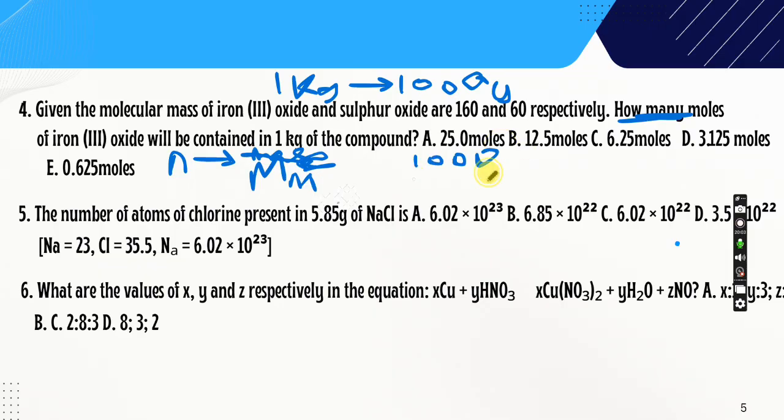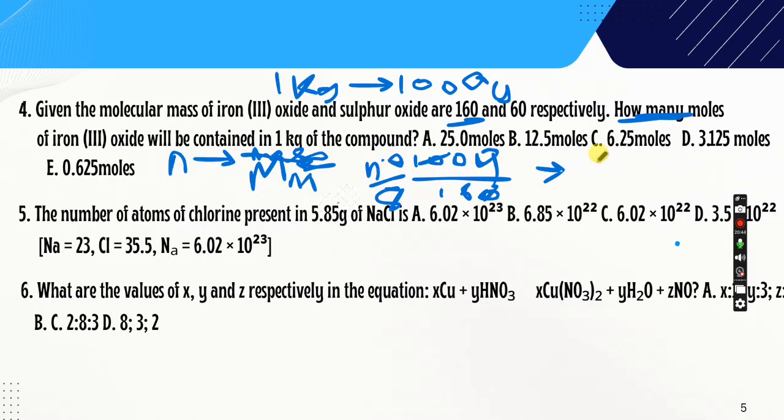But the question has already told us the molar mass of iron(III) oxide, which is 160. So that will give us 1000 divided by 160. 0 will cancel 0, right? 2 here will give us 50 over 8, right?